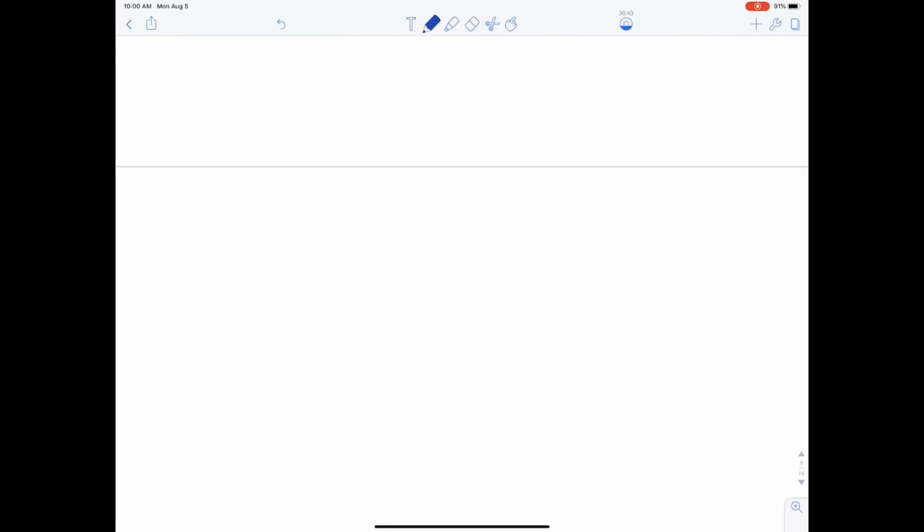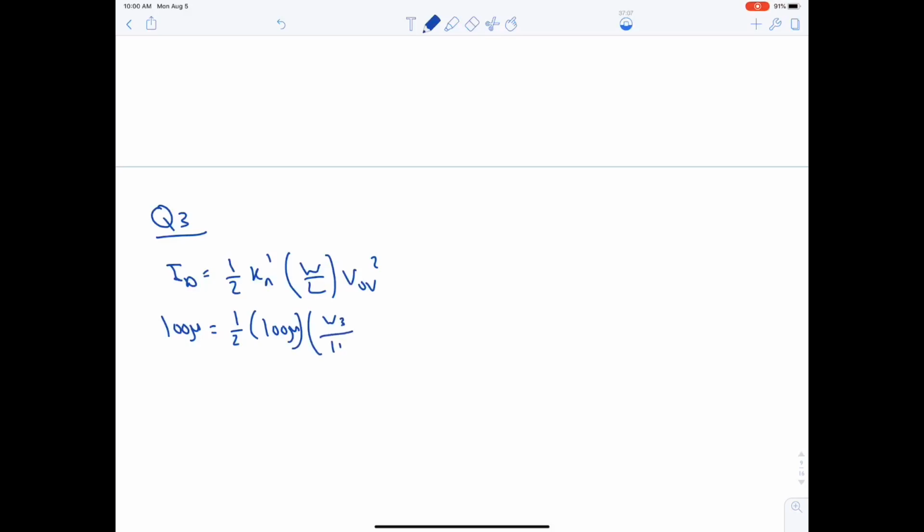Let's find the last one, Q3. Okay, so ID is equal to half Kn prime W over L VOV squared. ID is 300, no, it's 100 micro, half 100 micro again, W3 over 1 micro multiplied by something. This something we have to find out.